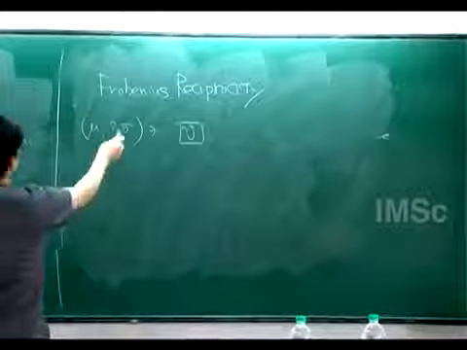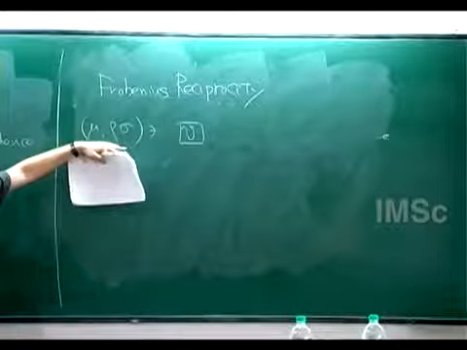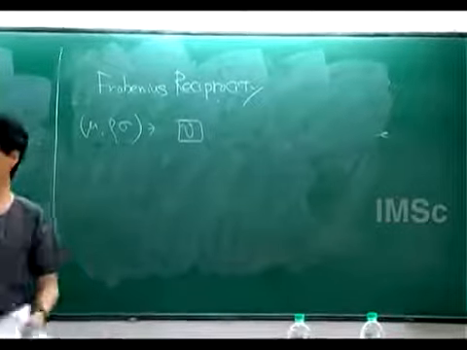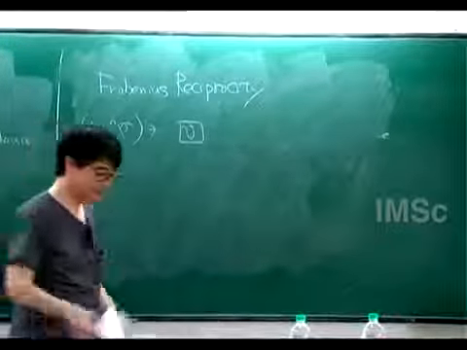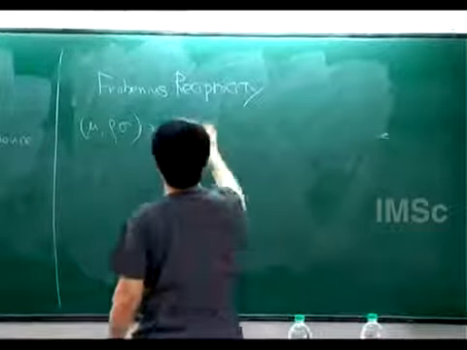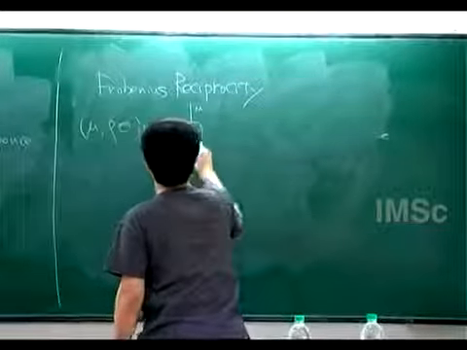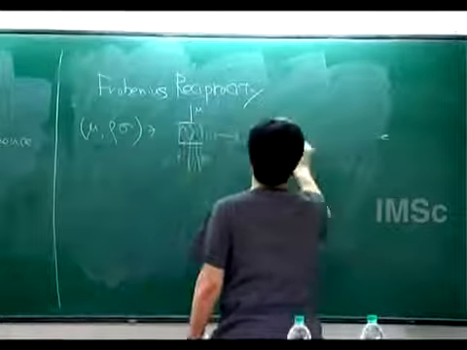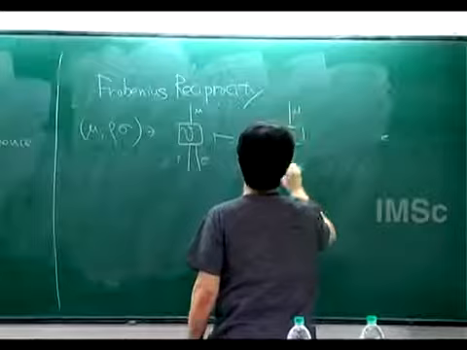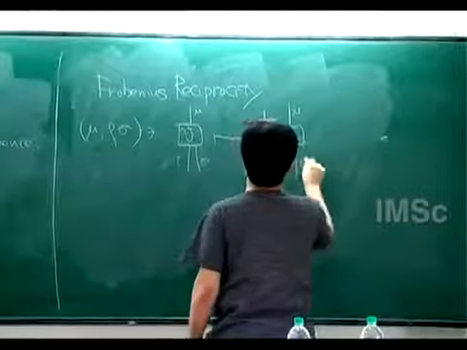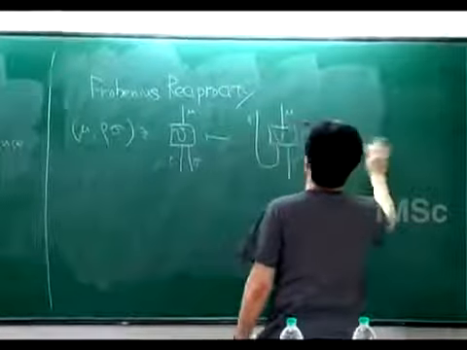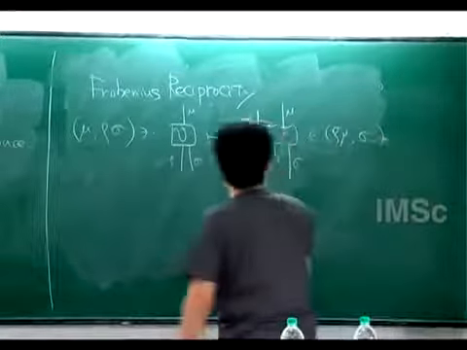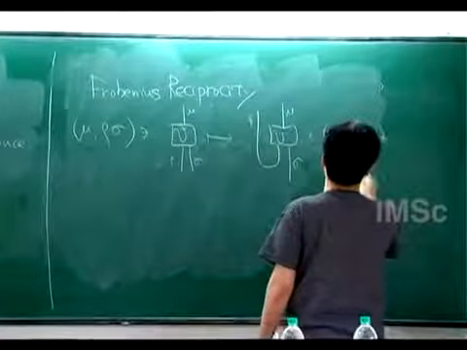Let's assume they have finite dimension. Then fix rho bar, sigma bar, and R rho bar, R sigma bar. Let's fix everything. Then you can define the following map. And this is a linear isomorphism.